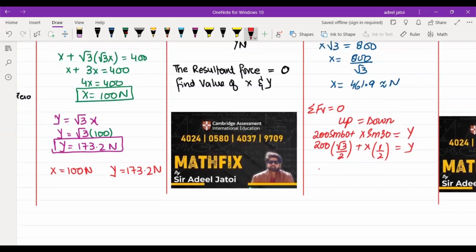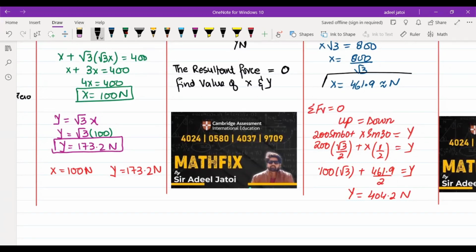Now this should be 100 into under root 3 plus, and x is 461.9. We'll be taking the exact value here. So if I calculate y, your y will be 404.2 Newton.